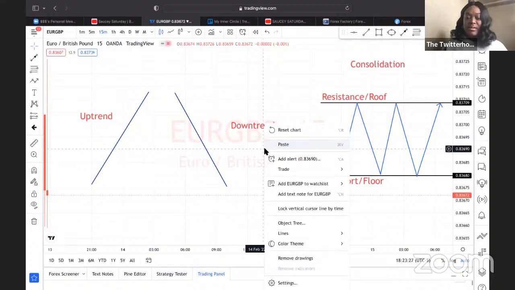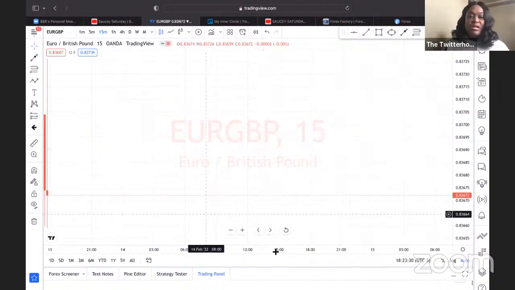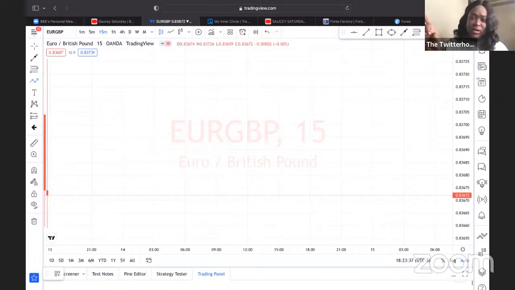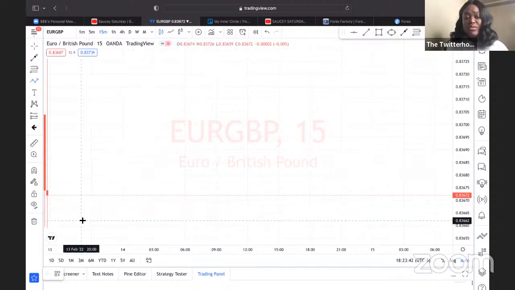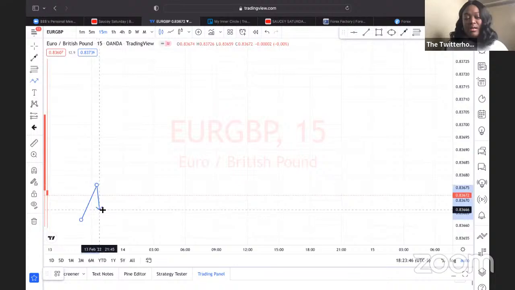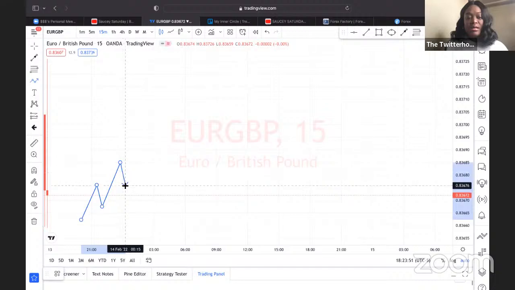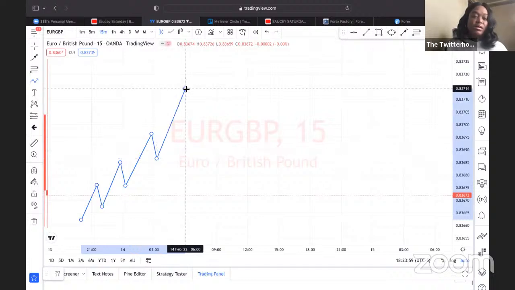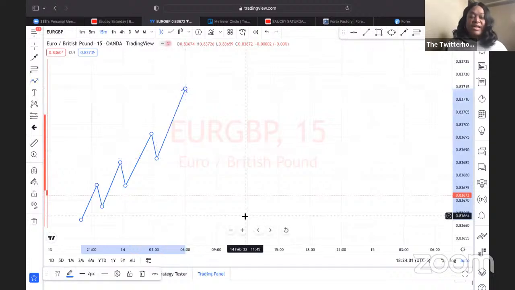Okay. Let's remove. So when we're in an uptrend, I know that I just drew a straight line going up, but that's not how things move. It's going to move like this. All right.